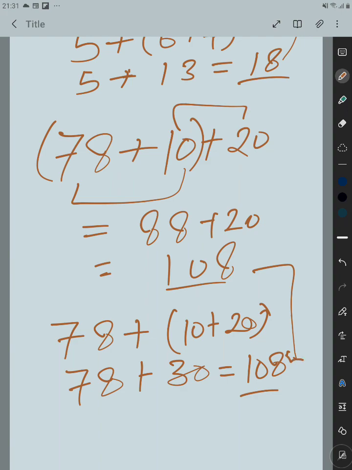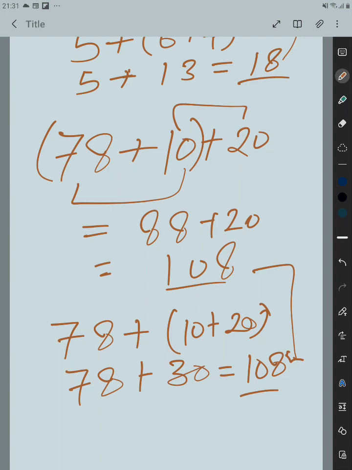Whatever numbers you take, if you change the association between the numbers, you will get the same answer. So we can say that a whole number is associative in case of addition.